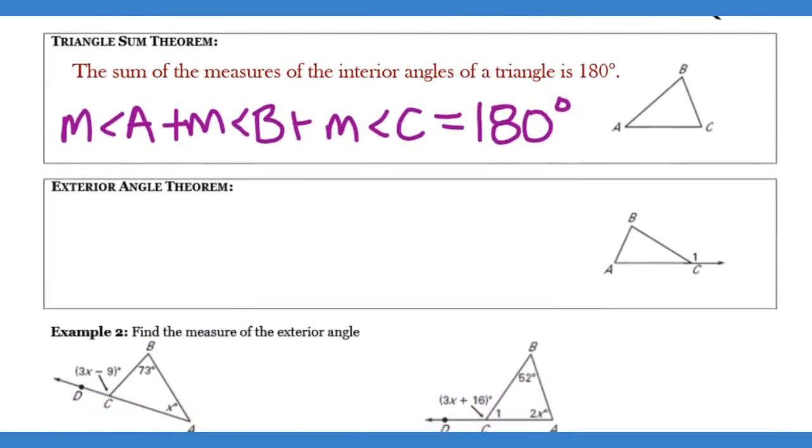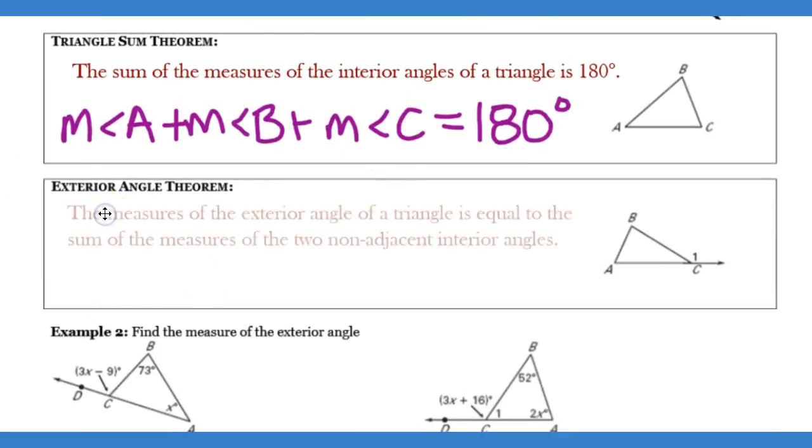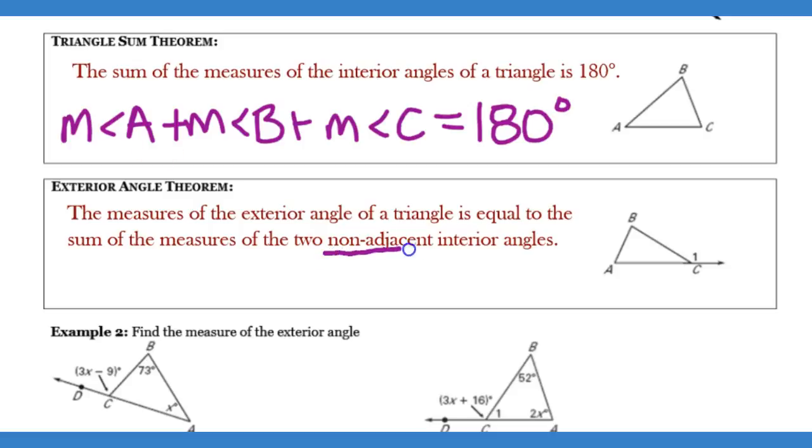Next, my exterior angle theorem. My exterior angle theorem tells me that if I have an exterior angle, angle 1 for example, it is going to be equal to the sum of the two non-adjacent interior angles.